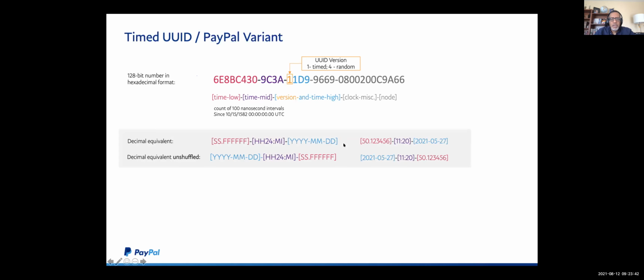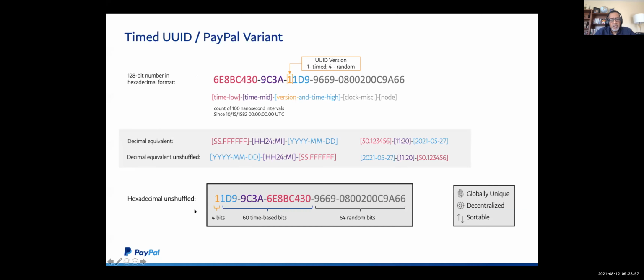So we took this and shuffled the bits, right? What did we do, really? So we broke this up into its equivalent parts. This is the decimal equivalent. And we unshuffled and moved this, right? So we moved the time-based bits around. So we started with year, month, date, hour, minute, seconds, and nanoseconds, right?